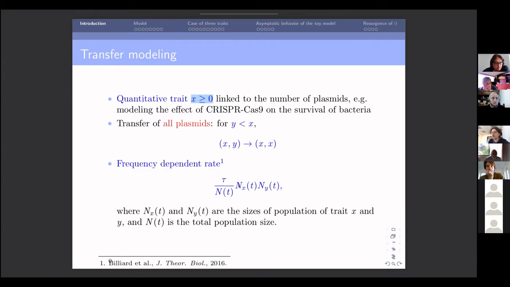So it means that with rate n_x, which is the number of x types in the bacteria, a random trait y is picked with probability n_y over n, and then this is multiplied by tau, which is measuring the frequency of horizontal transfer. Okay, so this is an assumption, and of course we could have chosen lots of other rates.